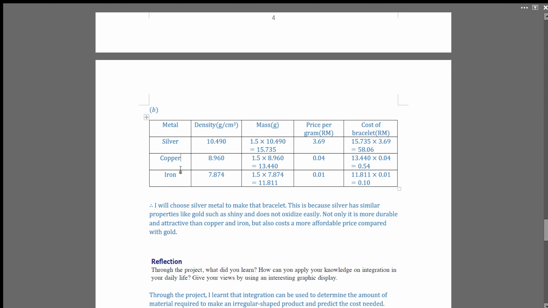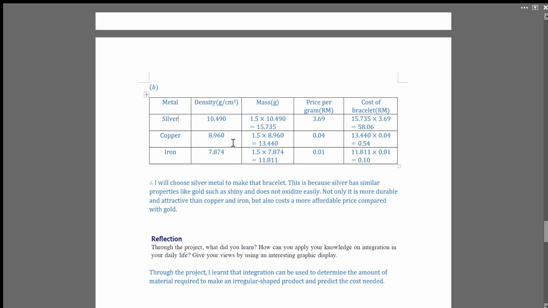Just gold is gold in color and silver is gray in color. Both silver and gold are shiny, and they are more attractive than copper and iron. So I will choose silver to make my bracelet because it costs a more affordable price compared with gold. That is 58.06 ringgit.